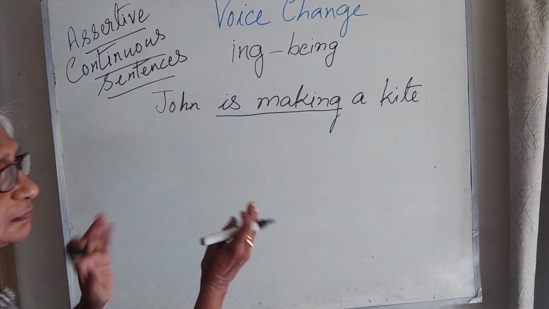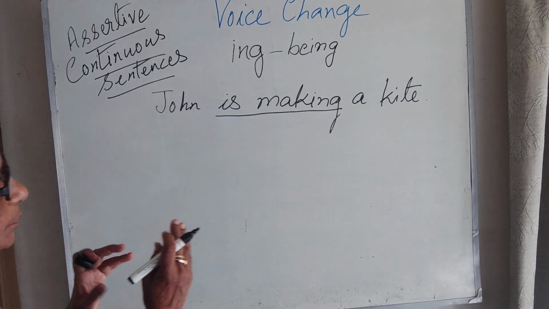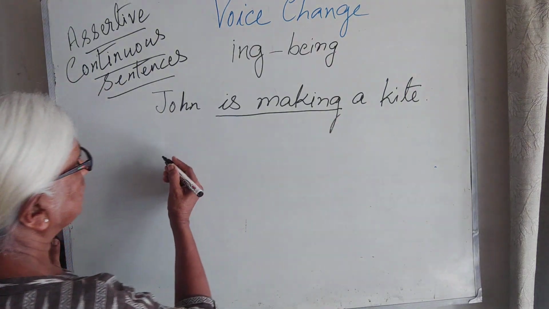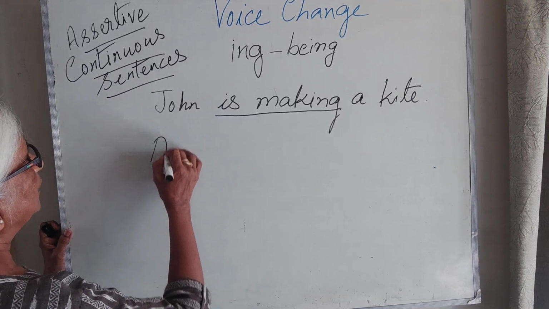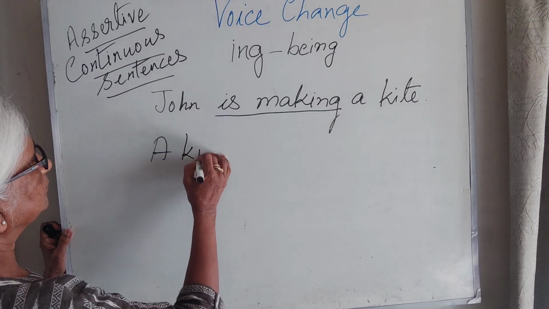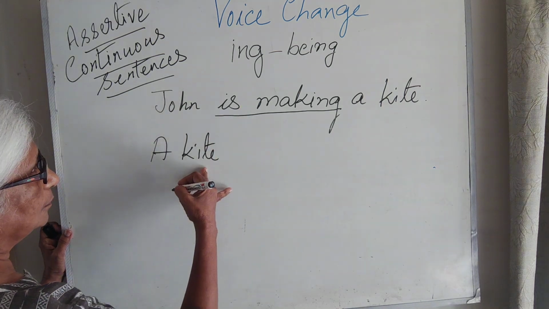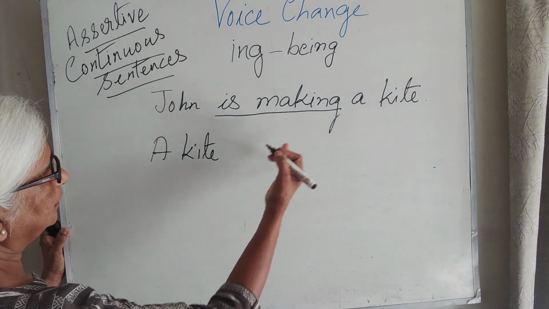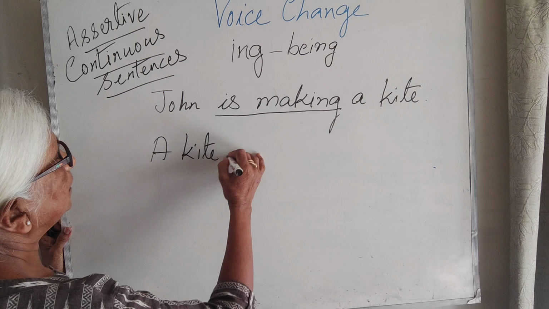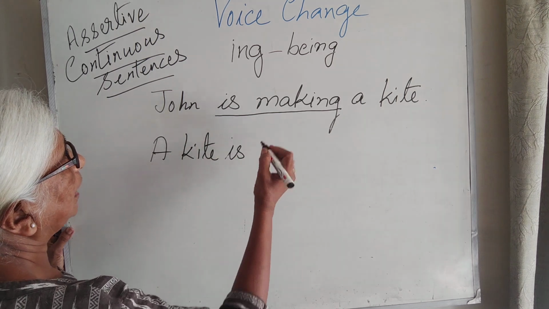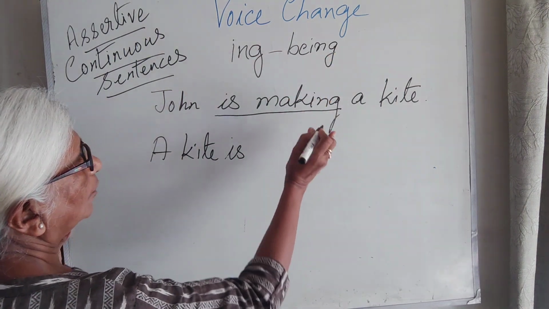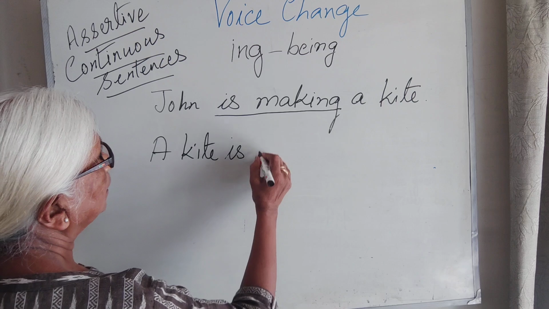Now, you know the basic rules. You have already done present and past. So, a kite comes as subject. A kite is also singular and it's present tense, the sentence. So, a kite is, here we add being for ing. Okay?